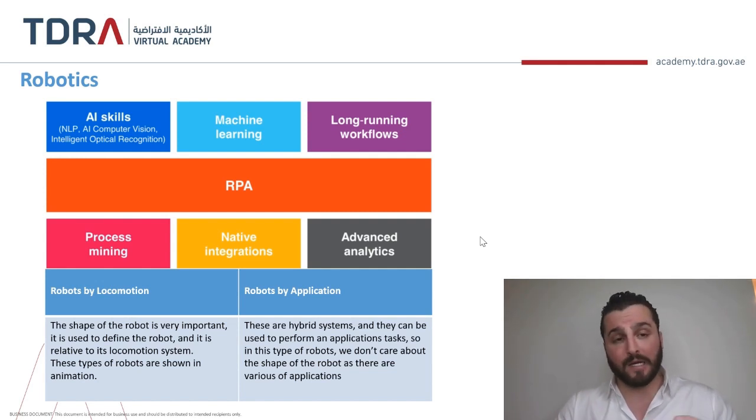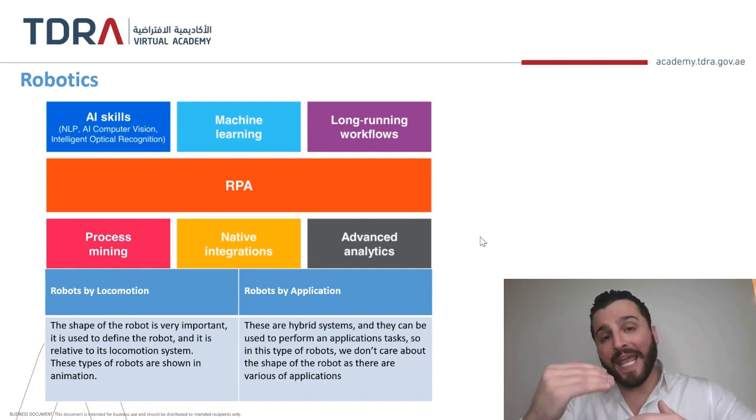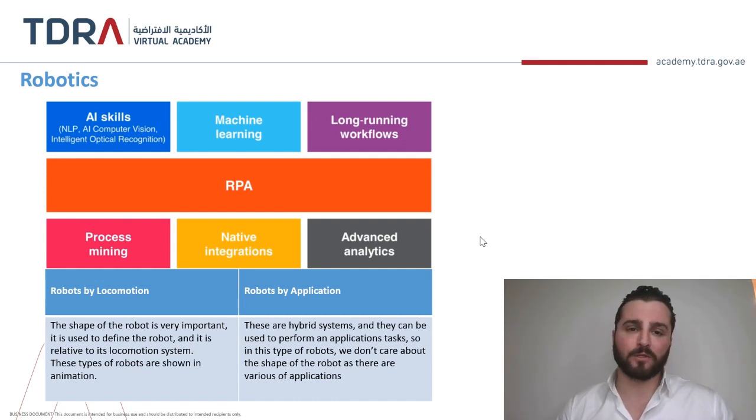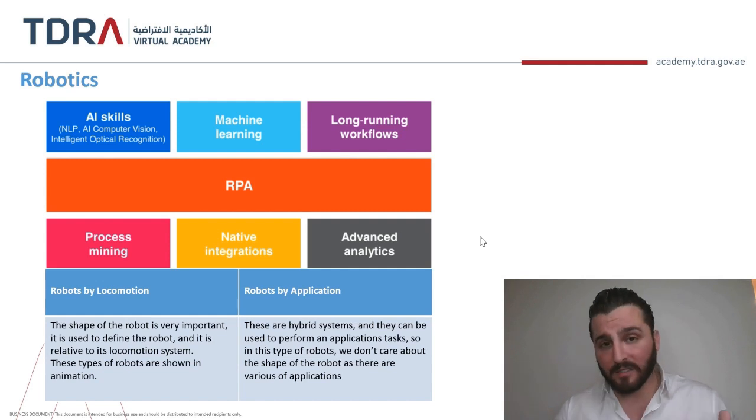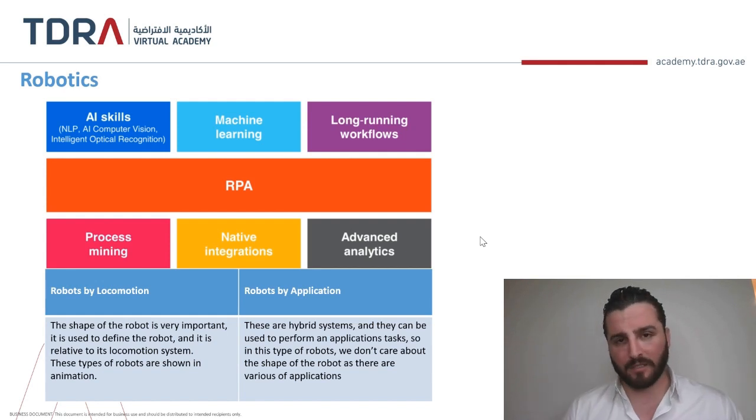These three pillars interact through different technologies. Integrating these technologies is very important because it allows us to build a competitive advantage for our tools in general. So RPA is not separate from these tools and is part of the ecosystem.